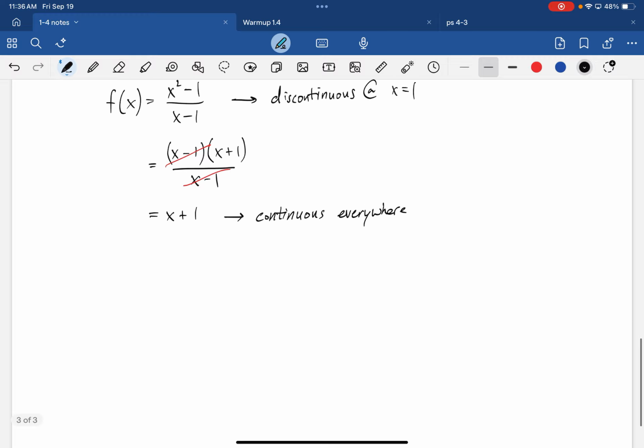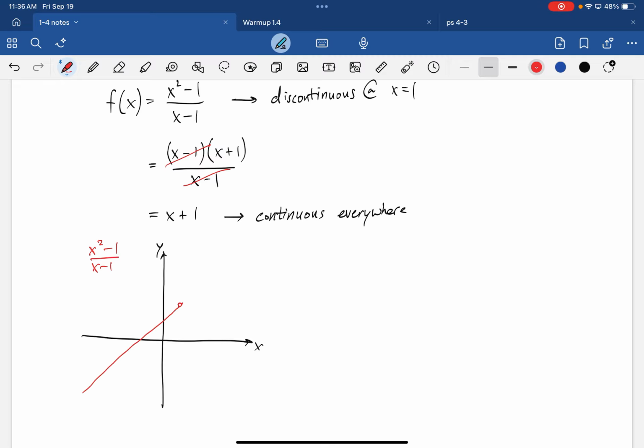So if I were to graph these two functions, my original graph of x squared minus 1 over x minus 1 actually has a hole at x equals 1, right? As we found out before.